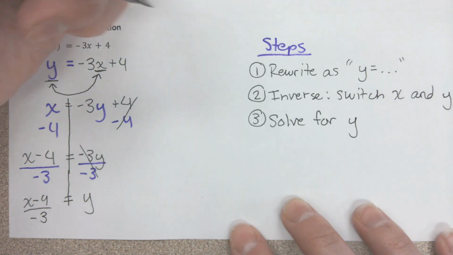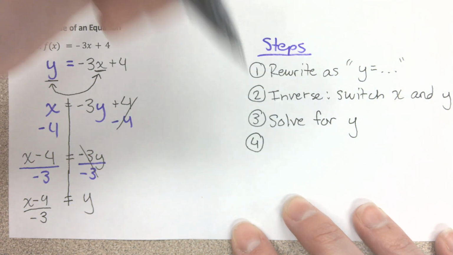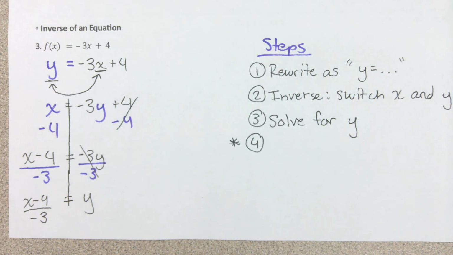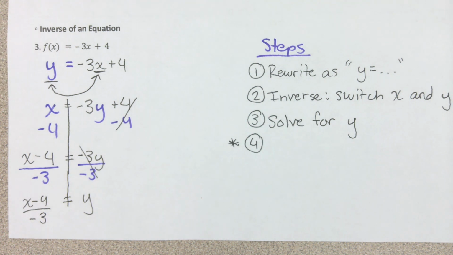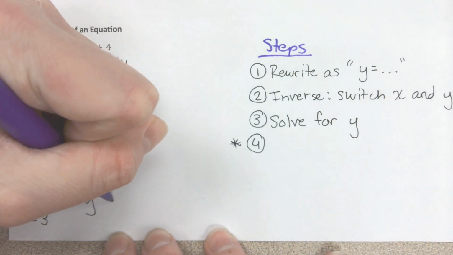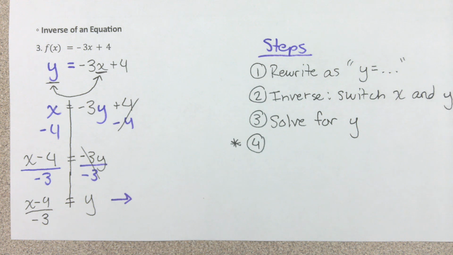There is one more step. I'm going to put a star next to it. A lot of students forget this step. You want your problem to start and end the same way. So we started with f. We're going to end with f. We need to turn this y back into f. This equation we have found is the inverse equation.